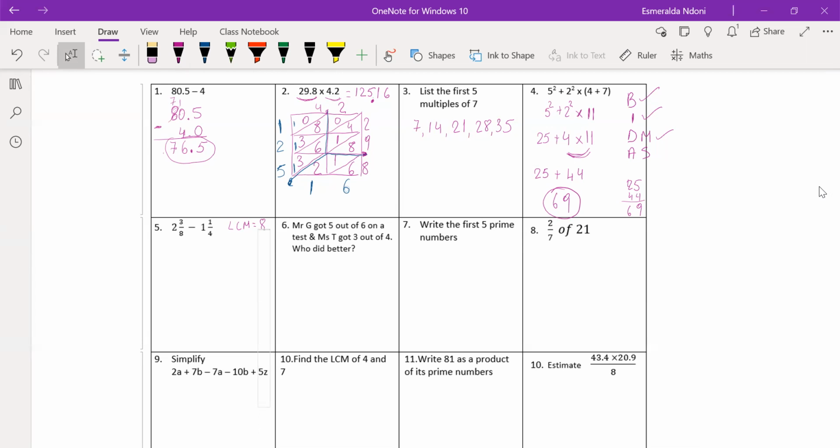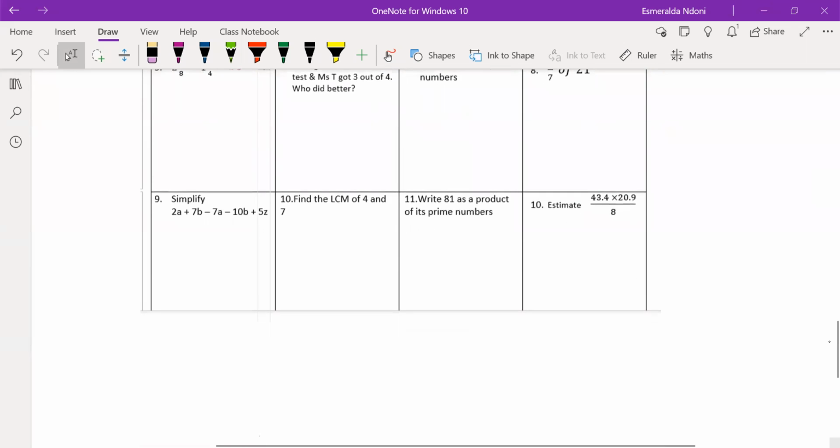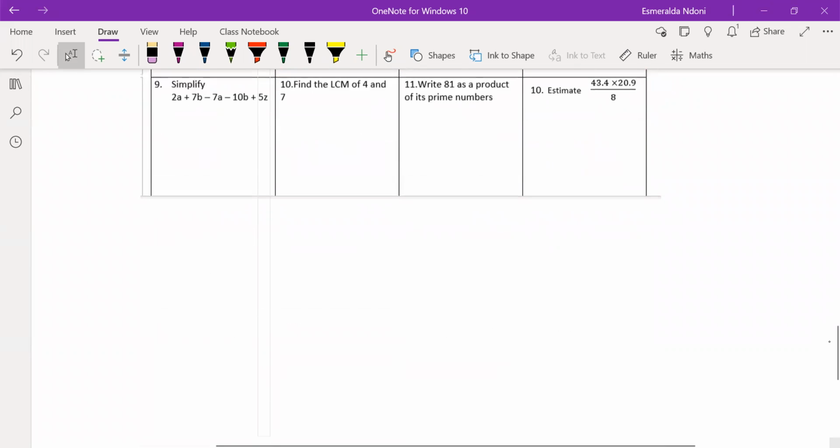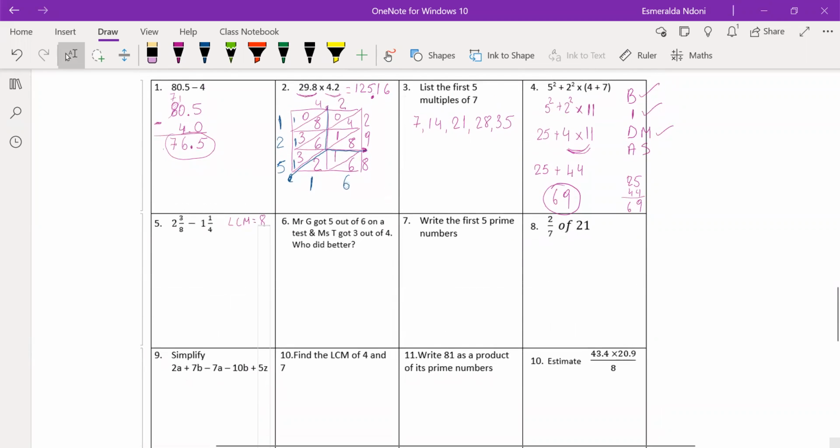First of all, I need to write this mixed fraction as an improper fraction. So 2 lots of 8 are 16, add 3, 19. Over 8, does not change the denominator. 4 times 1 add 4, so that'll be 5 over 4.